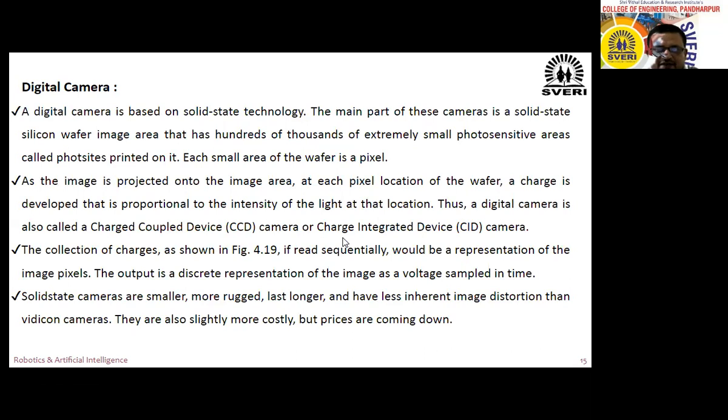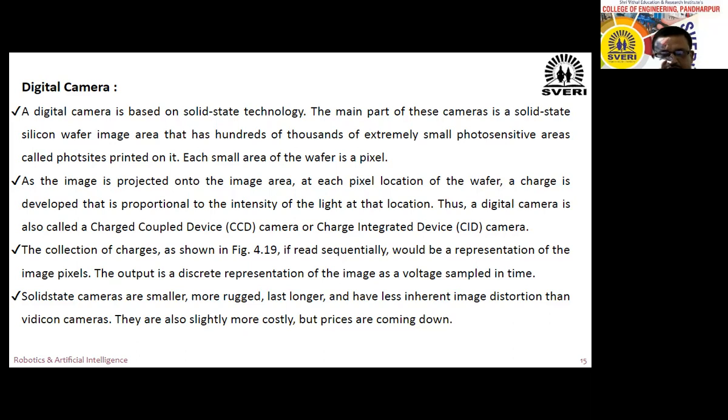Next is digital camera. A digital camera is based on solid state technology. The main part of these cameras is a solid state silicon wafer image area that has hundreds of thousands of extremely small photosensitive areas called photosites printed on it.